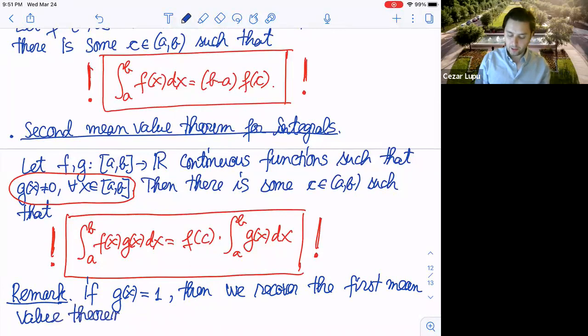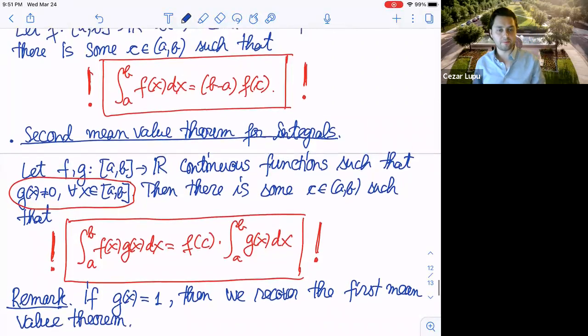It's quite obvious that we obtain the first mean value theorem.